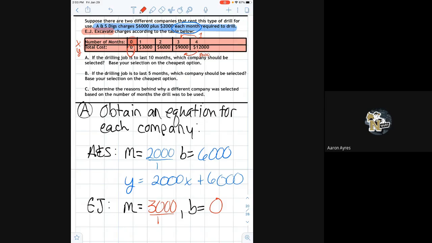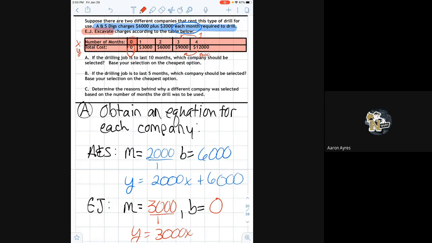So this time it is 0. So the equation then, y equals 3,000x. Now you can have the plus 0 at the end if you want to, but you will not see that formally. That will not be in like a textbook or anything like that or on an assessment. But if you put plus 0 at the end, I will still count you correct. That's perfectly fine. Are we okay with that? Good. Are we okay with how we got these two equations?